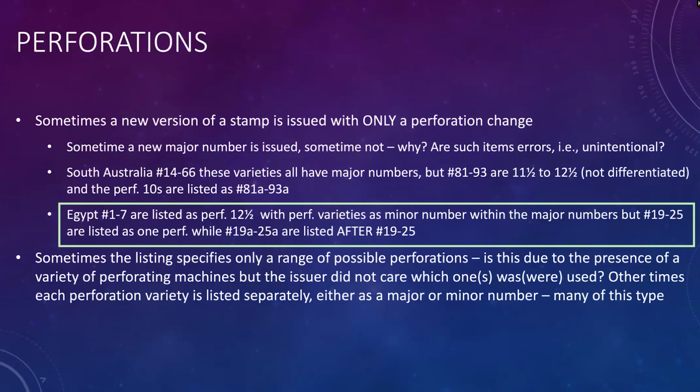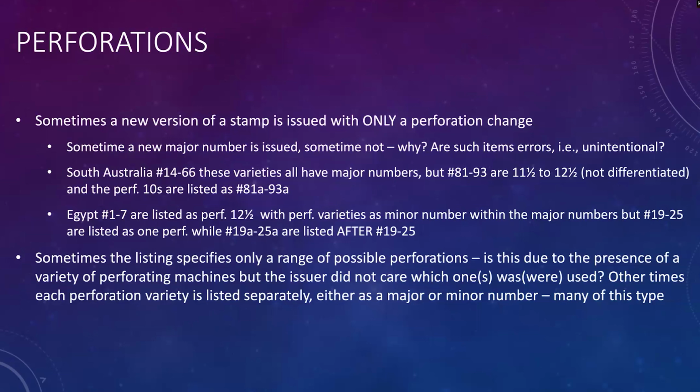Egypt is listed 12.5. The perforation varieties are listed as minor numbers within the major numbers. But under numbers 19 through 25, those are listed as one particular perforation, and then the other perforations are listed separately after them as minor numbers instead of interspersed with the major numbers. Again, there doesn't seem to be any firm rules to how they list this stuff.